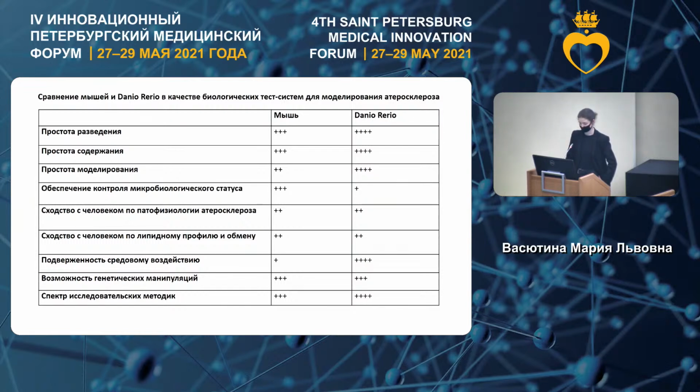Danio rerio, on the contrary, are very similar to humans because they can produce an unstable atherosclerotic plaque which is induced by low-density lipoproteins. Considering that mice have different lipoproteins, they are resistant to particular impacts that humans are prone to.